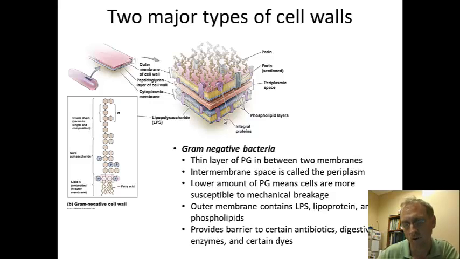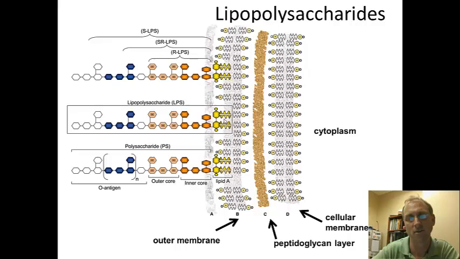Gram-negative bacteria are very important from a health standpoint for another reason. Here we're looking at a blown-up cartoon of the structure of the gram-negative cell wall. Here we have the cellular membrane, plasma membrane, with the cytoplasm inside the cell over here on the right, the thin layer of peptidoglycan here outside of the cellular membrane, and our outer membrane right here.